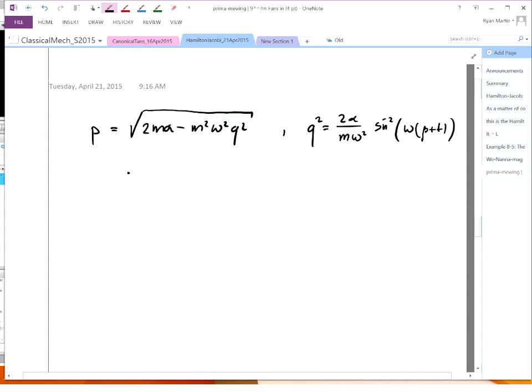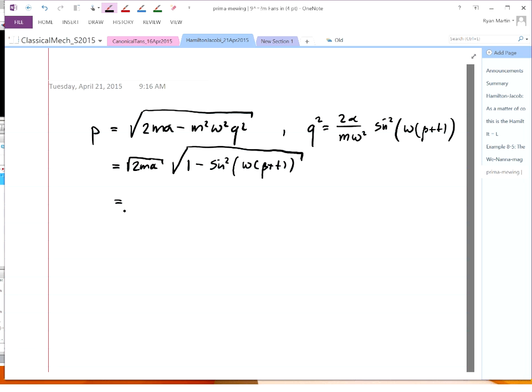If I sub that in, I can factor out a square root of 2m alpha. Then I'm left with the square root of 1 minus sine squared of the omega times beta plus t. And if I take 1 minus sine squared, that's cos squared.